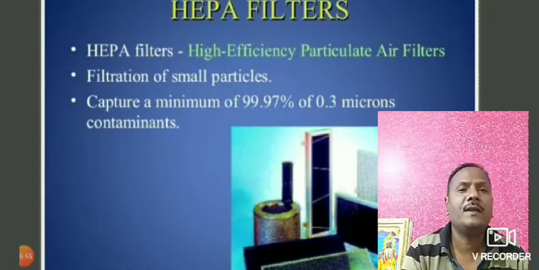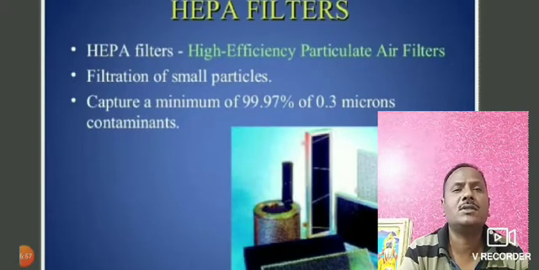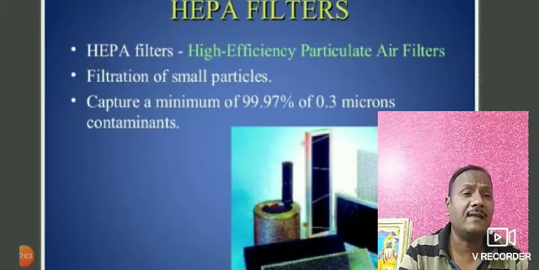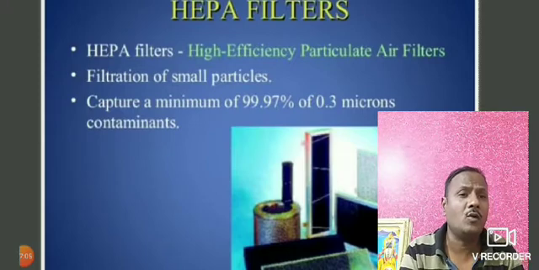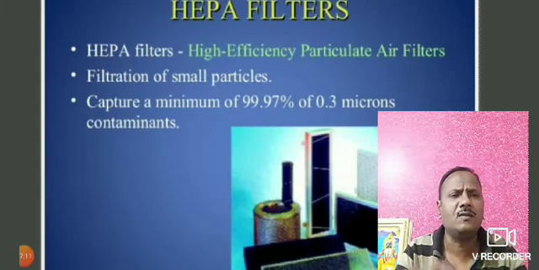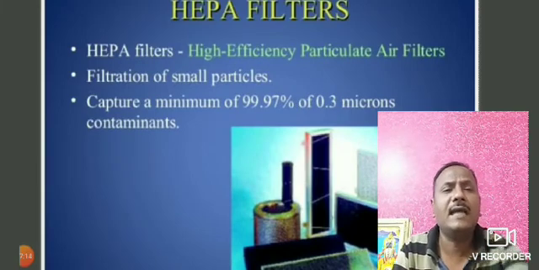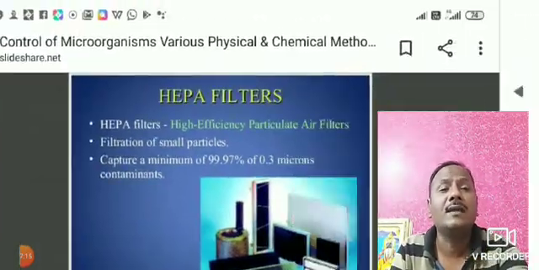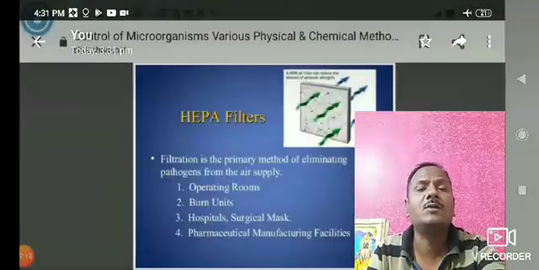They are used for filtration of small particles, capturing a minimum of 99.97% of 0.3 micron contaminants. It means they avoid the entry of microorganisms within the laminar airflow. The filters are very small in size, that's why these filters are important as compared to other sizes.